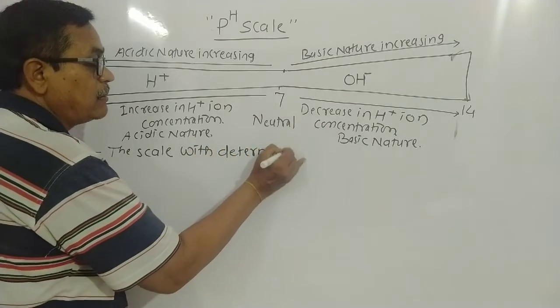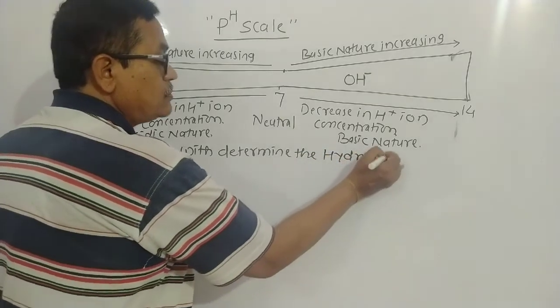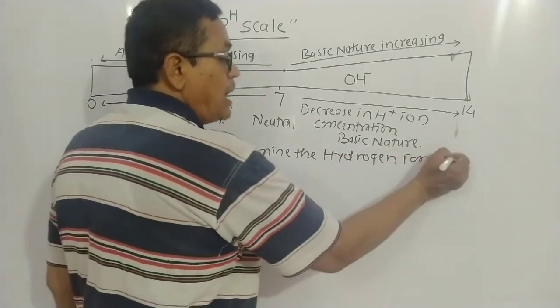Look here, what is the meaning of p and H? P means power, and H means hydrogen ion.